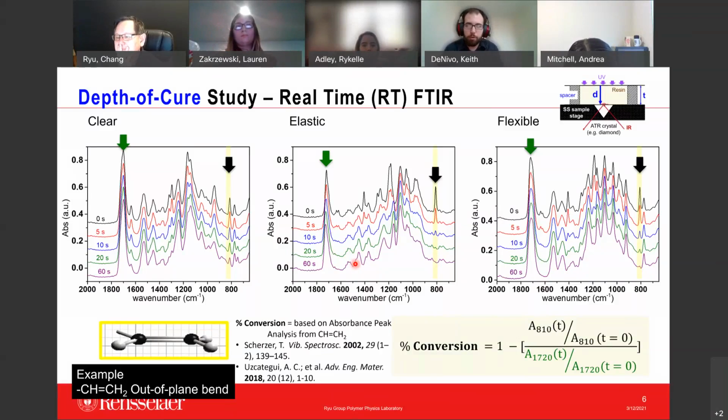So in order to observe the reaction kinetics, we took our resin sample and we placed it above a real-time FTIR, and we subjected it to the UV radiation that causes polymerization. And then we studied the decrease in the double bond peak as it forms single bonds. And from this information, we can get how many double bonds were converted into single bonds over time.